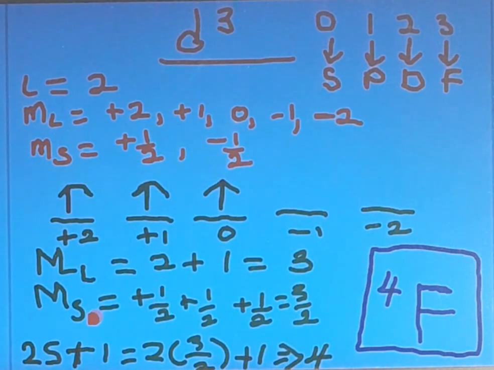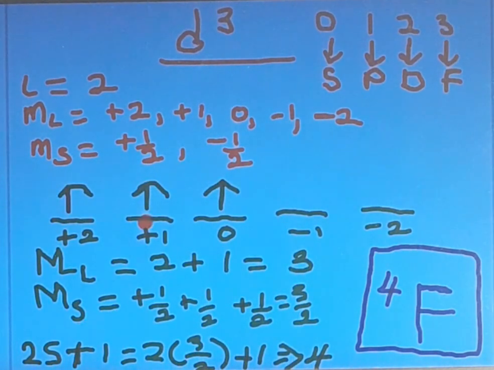After that, we also add the total spin quantum number. We know that each electron can spin either upwards, represented by plus half, or downwards, represented by negative half. Downwards also means against the field, and upwards is in the direction of the field.